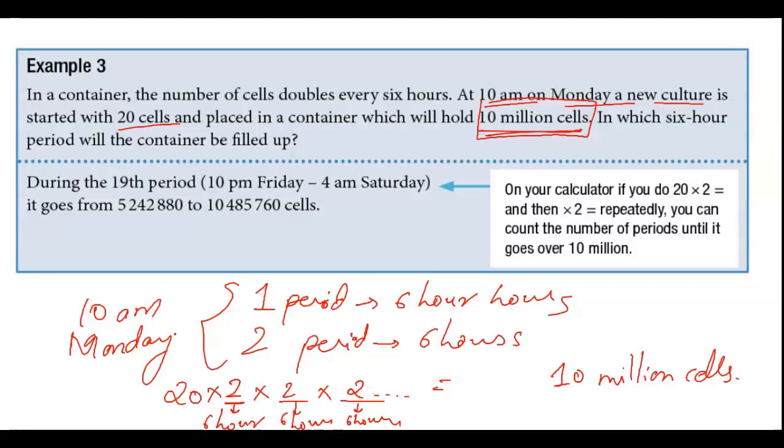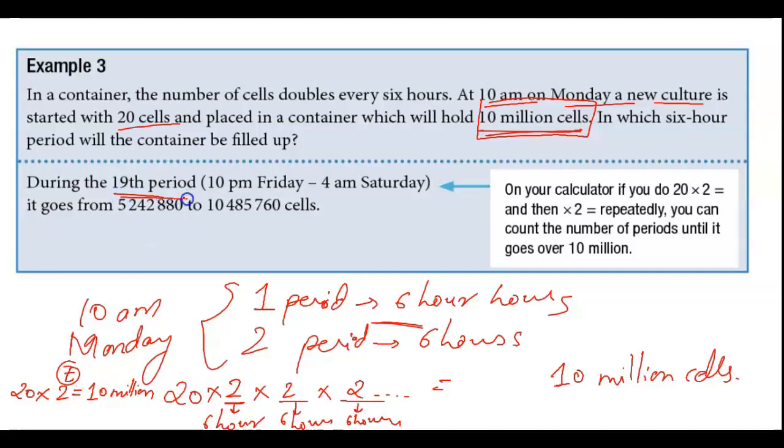Okay children, so I will write this as 20 into 2 raised to power t. Suppose there are t such periods, where one period equals 6 hours, and the value must be equal to 10 million. You have to make t the subject and solve it. You can do it by hit and trial also and you will get the answer.